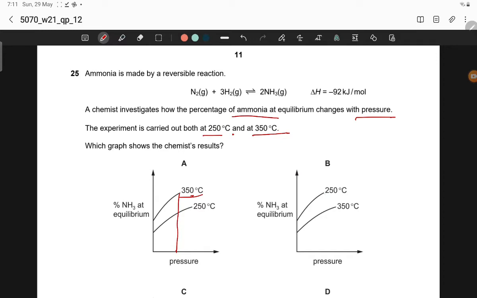At 250 degrees centigrade the percentage of ammonia is more than at 350.